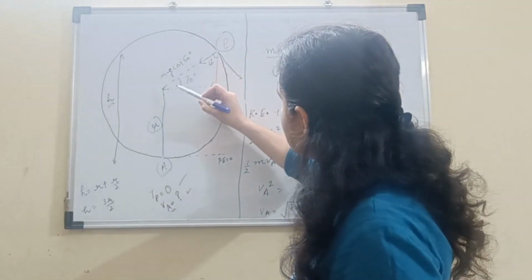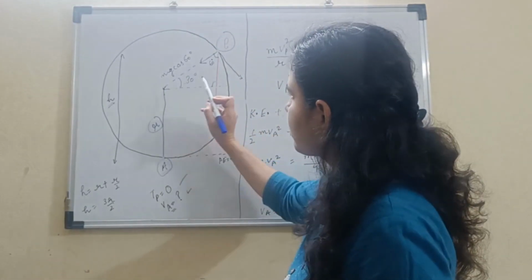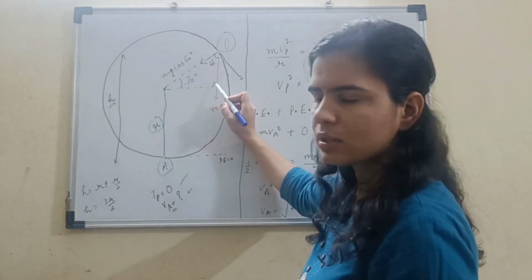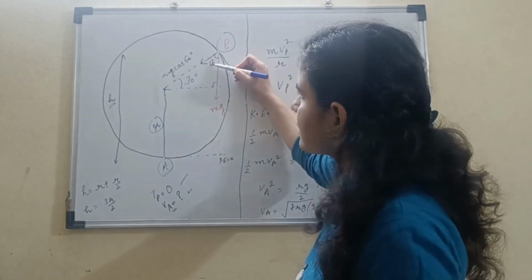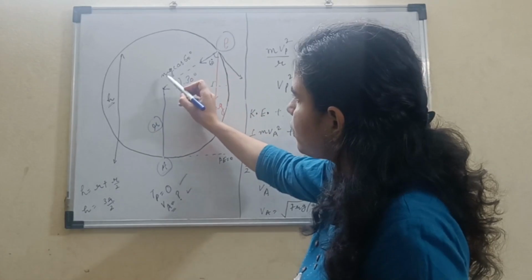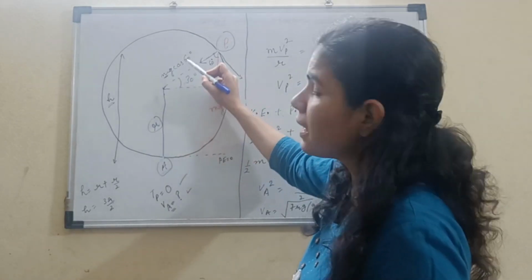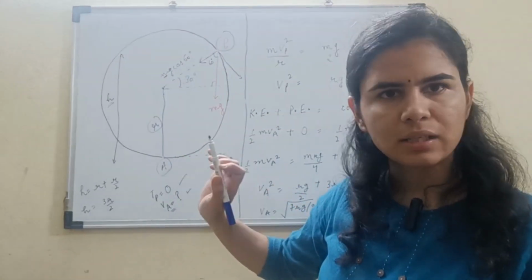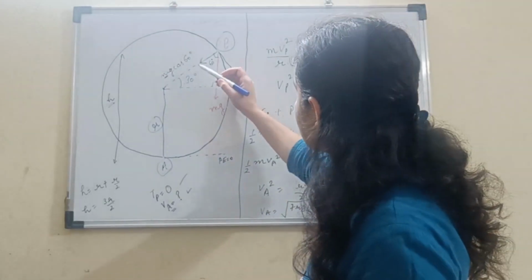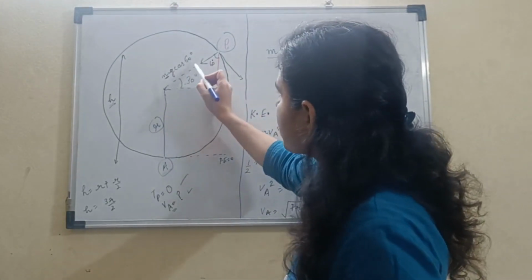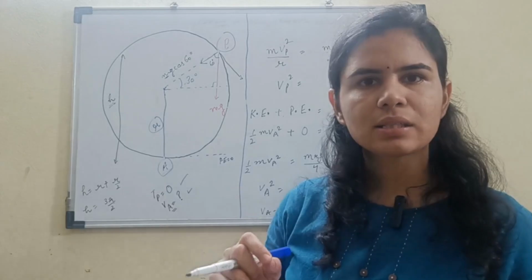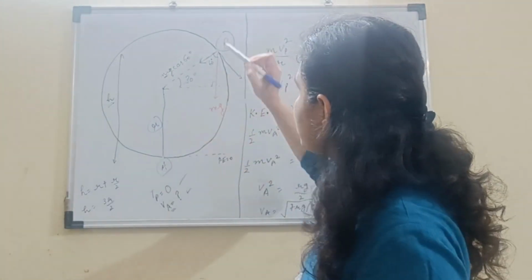Look at this angle, it is 30 degrees. This is 90 degrees, so this angle will be 60 degrees. The component of gravitational force in this direction will be mg cos 60 degrees. This component will provide the required centripetal force at the point P.